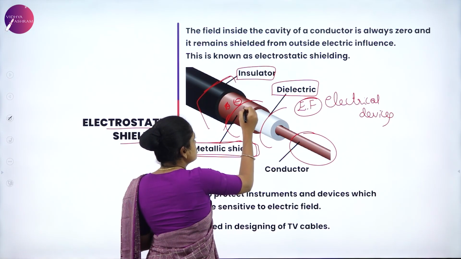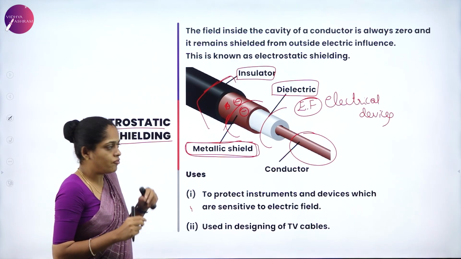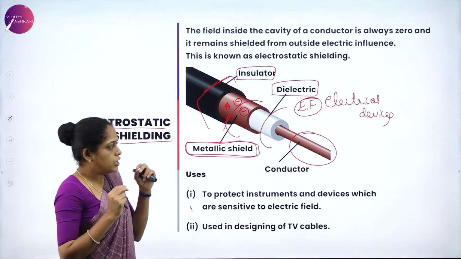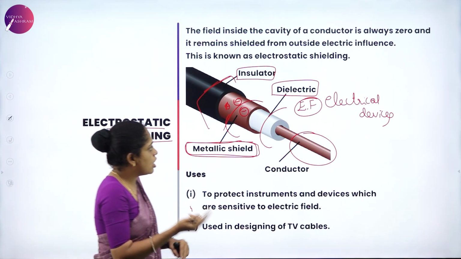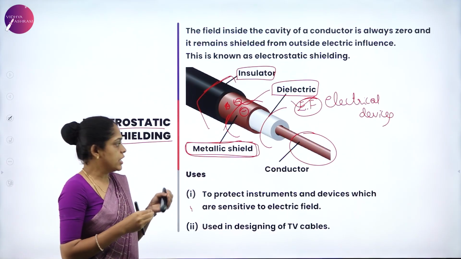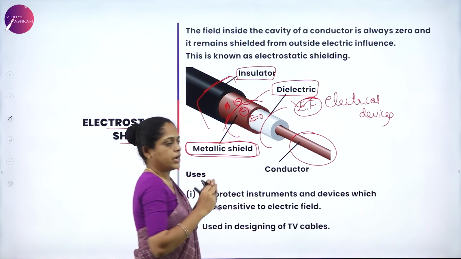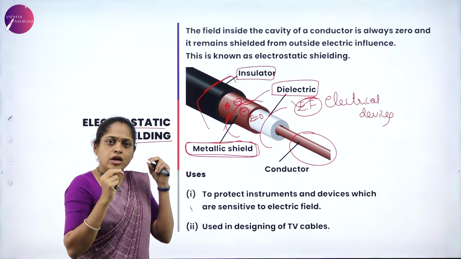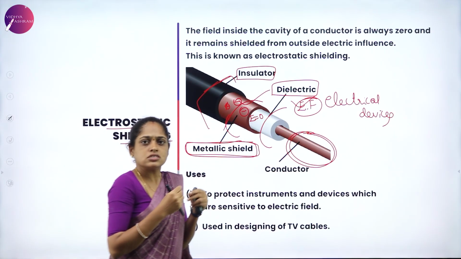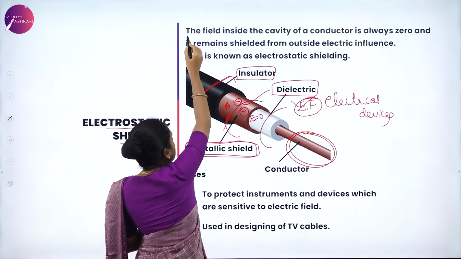When the charges rearrange themselves, an electric field is induced. That induced electric field cancels out the external electric field, making the electric field inside the metallic shield 0. By this, the conductor which carries the signal is protected. This is nothing but electrostatic shielding.